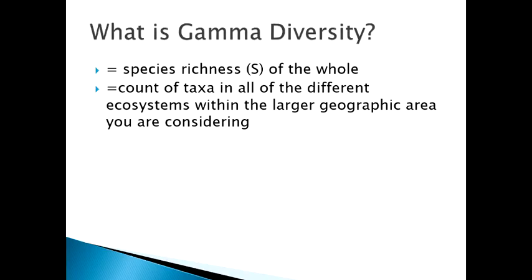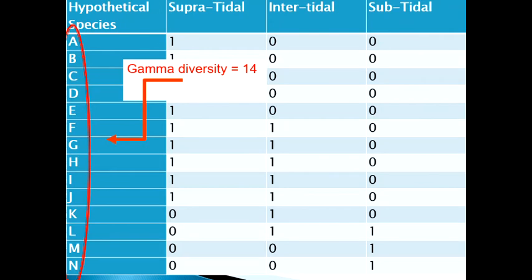What is gamma diversity? Gamma diversity is the species richness, or S, of the whole area. If you want to know what is the whole area, that's up to the choice of the worker. It can be the count of taxa in any different ecosystem, geographic area, province, whatever that you are considering. So, how would that work for our particular example here?